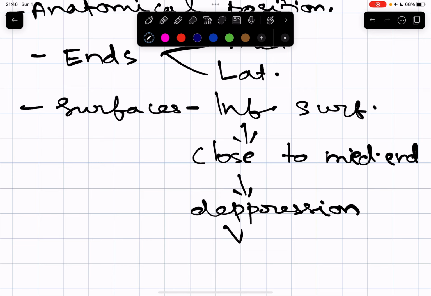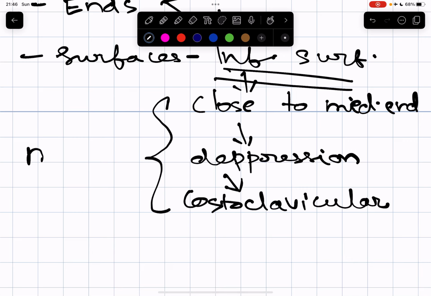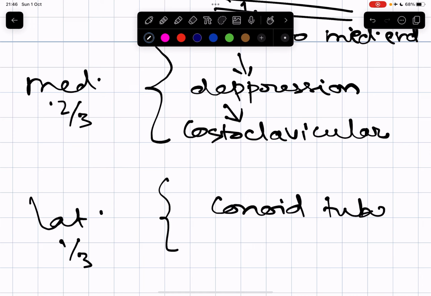This depression is for the attachment of the costoclavicular ligament. Similarly, in the same inferior surface, in the lateral 1/3, you will find the conoid tubercle. This conoid tubercle is also on the inferior surface, but it is closer to the posterior border.